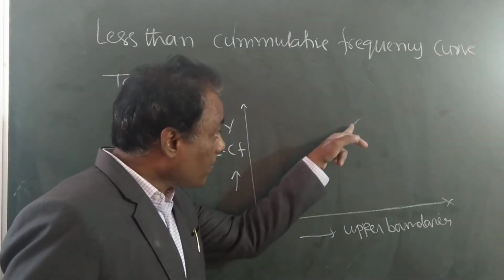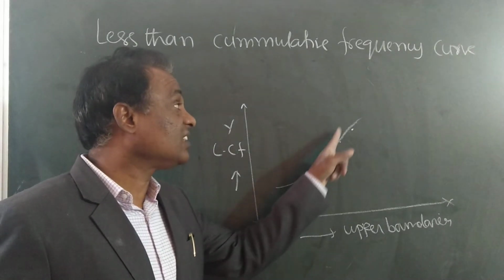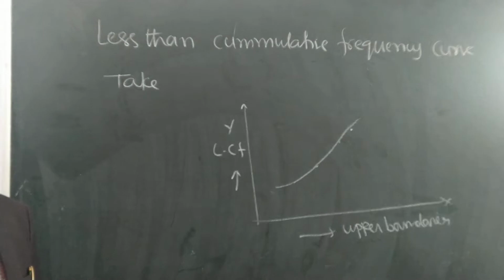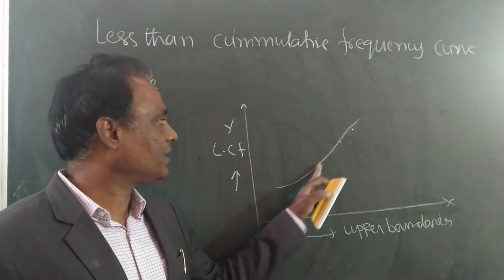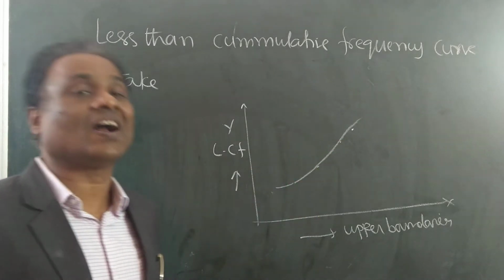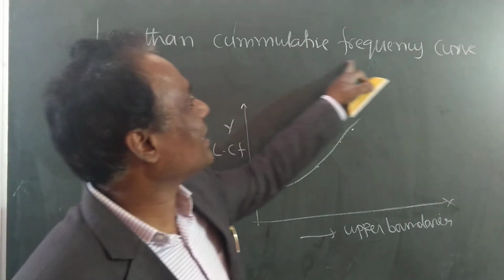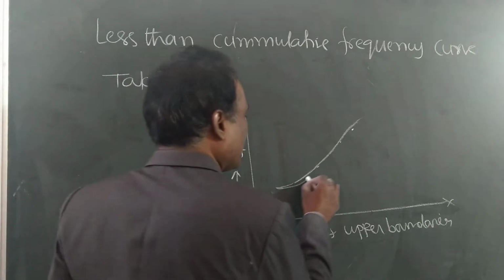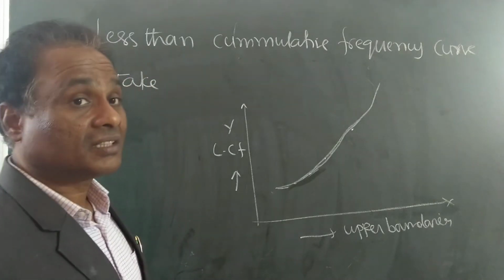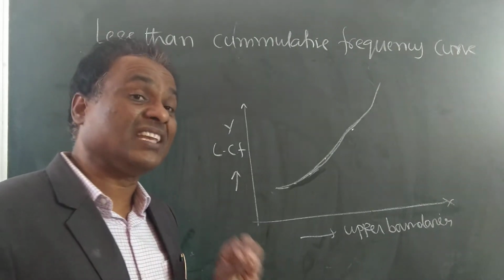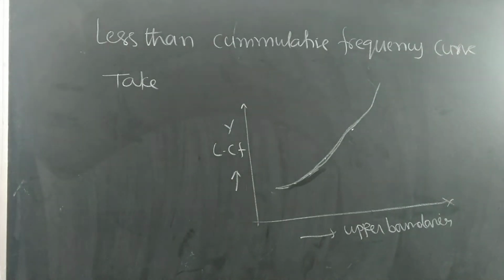The curve obtained by joining the points is called the less than cumulative frequency curve.